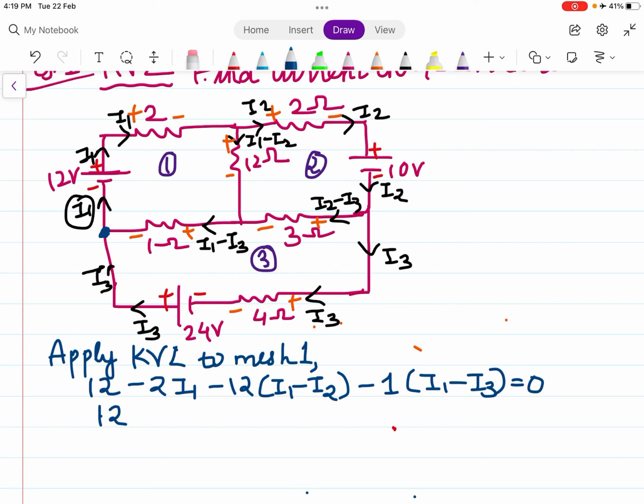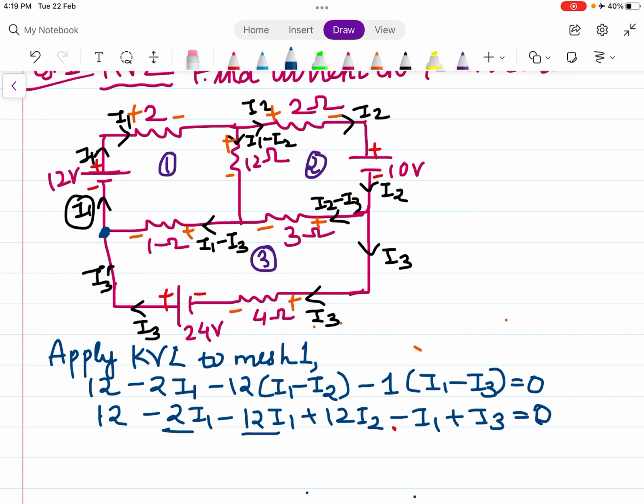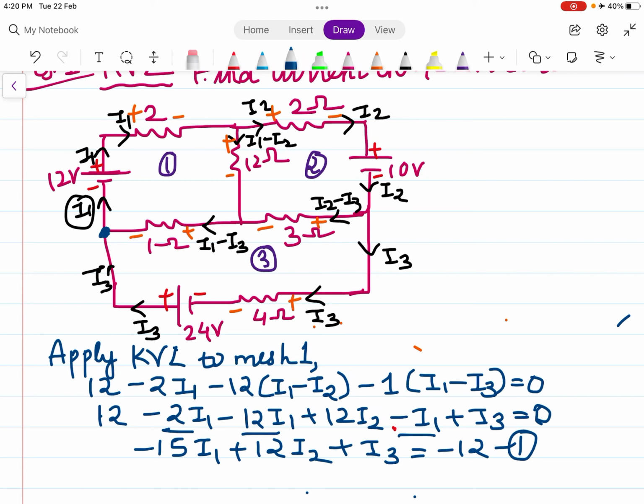So this is 12 minus 2 I1 minus 12 I1 plus 12 I2 minus I1 plus I3 equal to 0. Collect the I1 terms: minus 15 I1 plus 12 I2 plus I3 equal to minus 12. This is equation number 1.